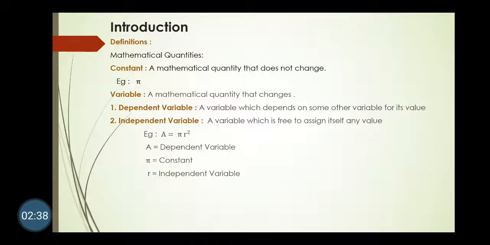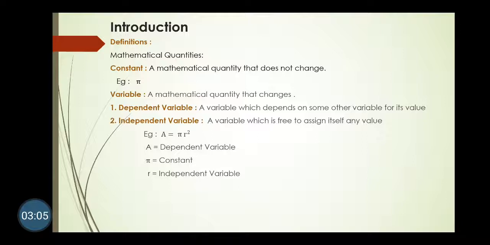Let us consider the example A is equal to pi r square, in which the term pi is a constant, which we already discussed. So what about A and r square? If we replace r by any value, it changes. Therefore, r is an independent variable, because we can assign any value to r.